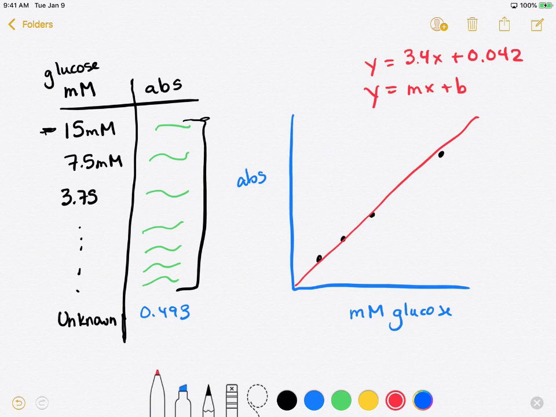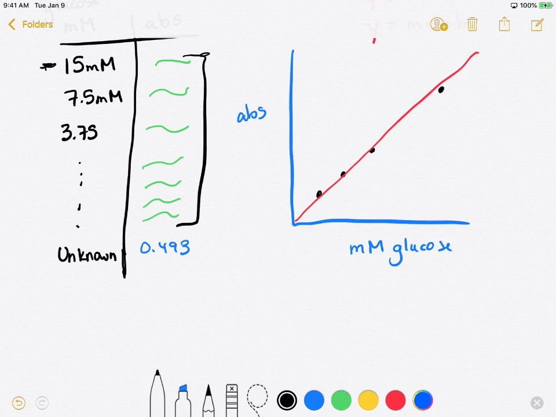With that equation of the line and the standard curve, you then could calculate the concentration of glucose in the unknown solution. There are two ways to do this. One way is the graph method or the box method, and this is an approximation. With the approximation, you would read the absorbance of the unknown on the y-axis.